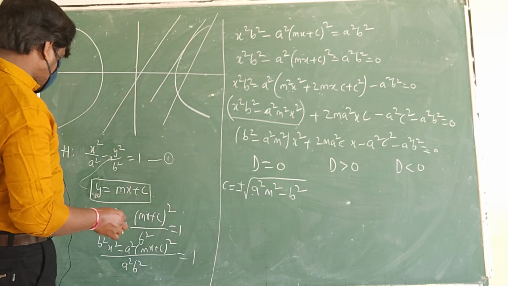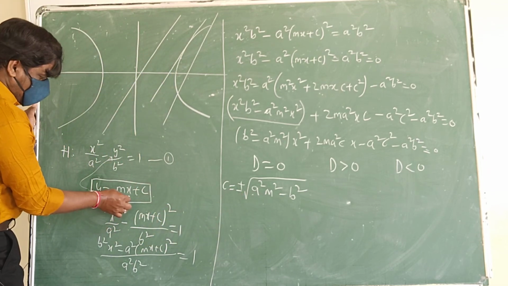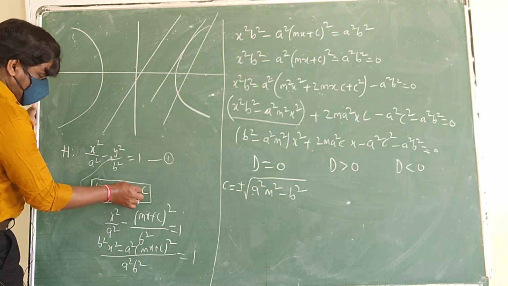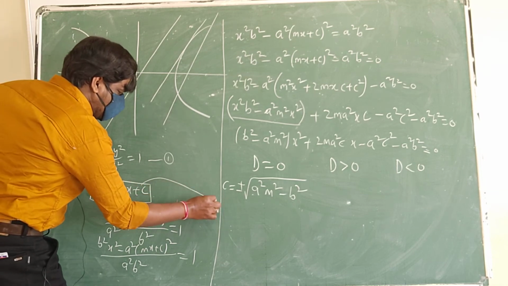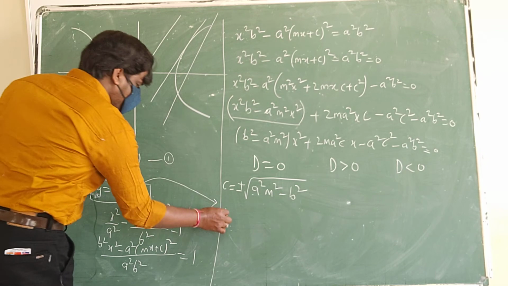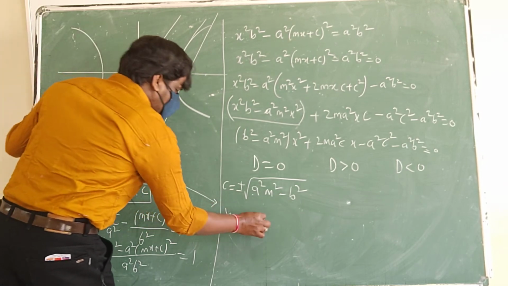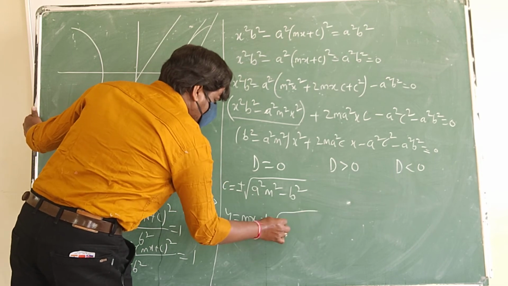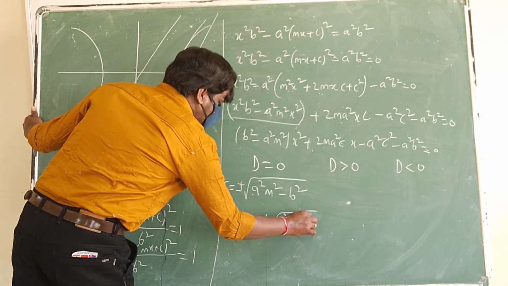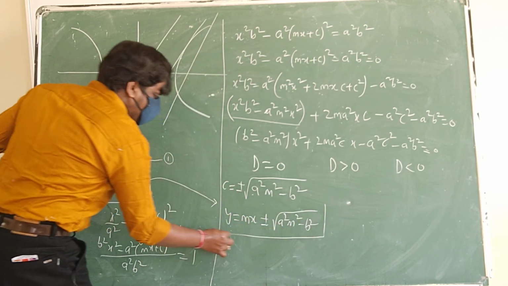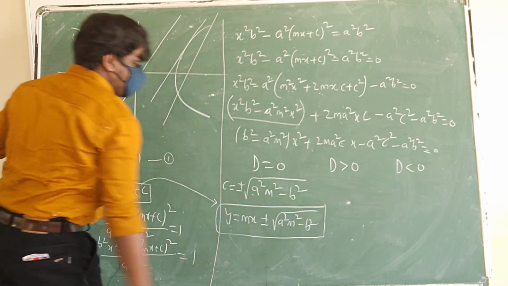So what is the equation of the line? This is discriminant equal to zero here. This one you will get as the equation of the tangent: y is equal to mx plus or minus under root of a square m square minus b square. This is the equation of the tangent.